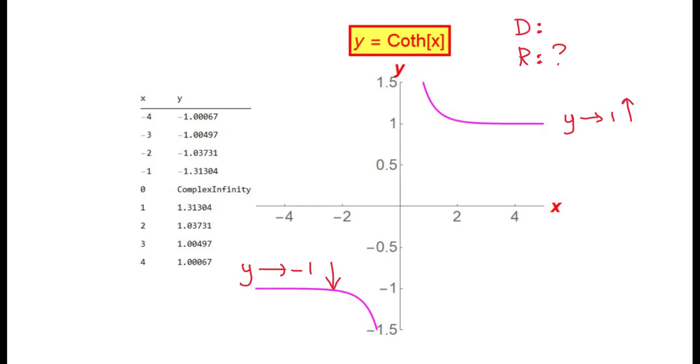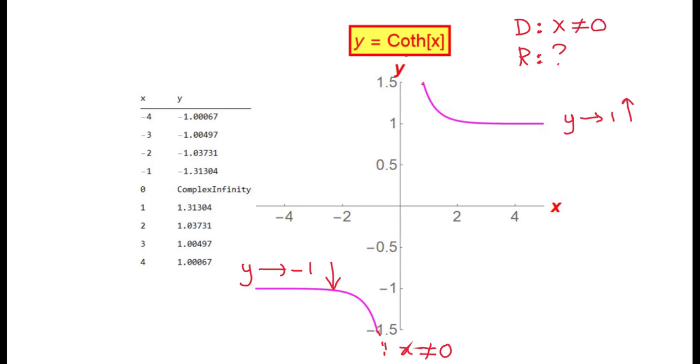We look at the domain. You see here the graph approaches x equal to 0, so x cannot be equal to 0. x can be any real number, but x cannot be equal to 0. So the domain is x not equal to 0.